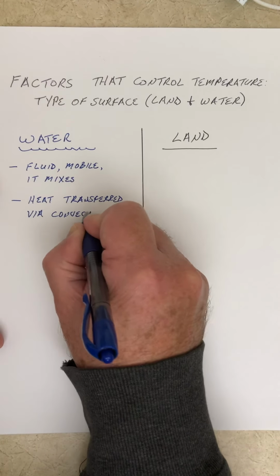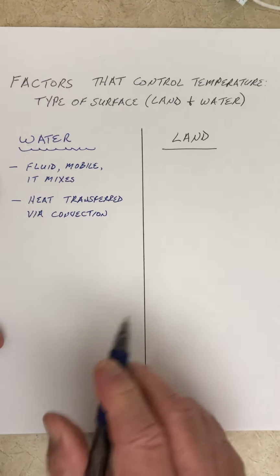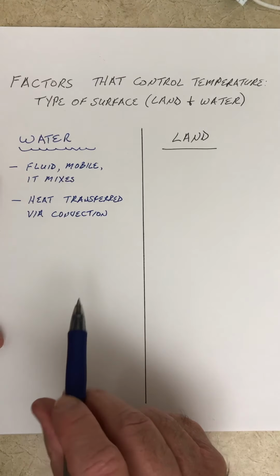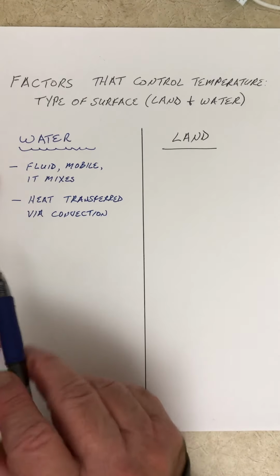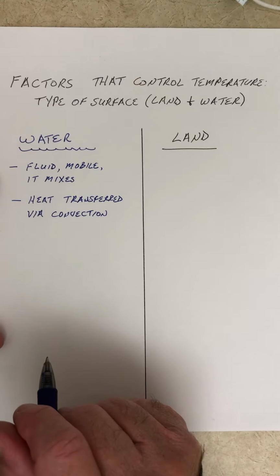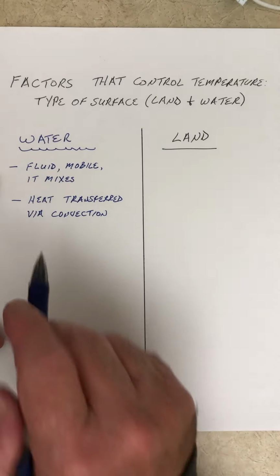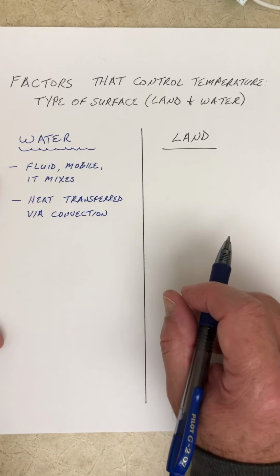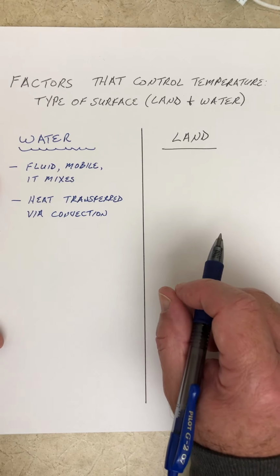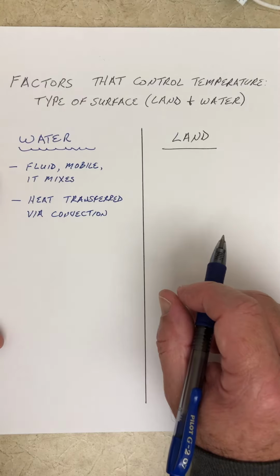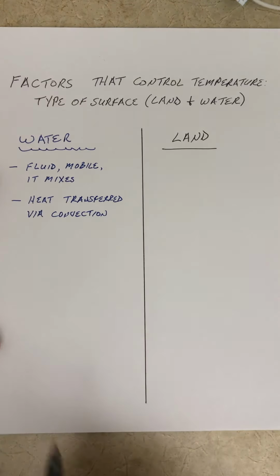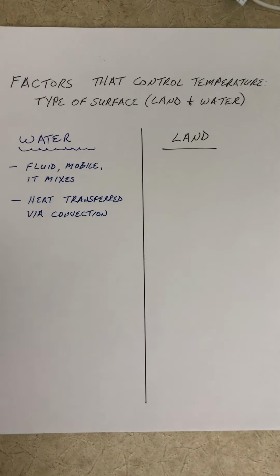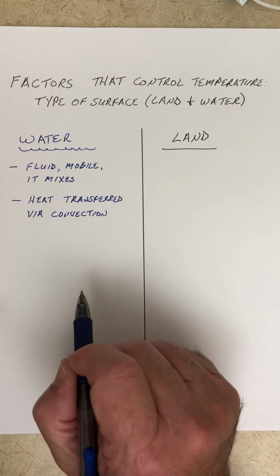Now remember from an earlier discussion that convection only takes place in fluids, and the definition of a fluid is any substance in which the molecules are free to move about. So water is a substance where the molecules are free to move about, and so as a result the heat can be transferred in water via convection.